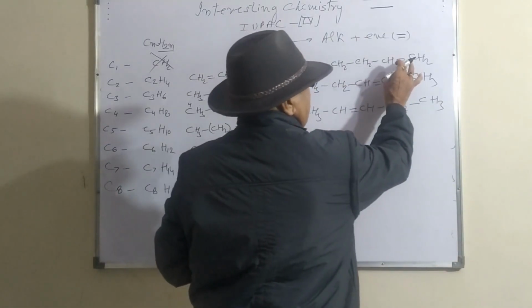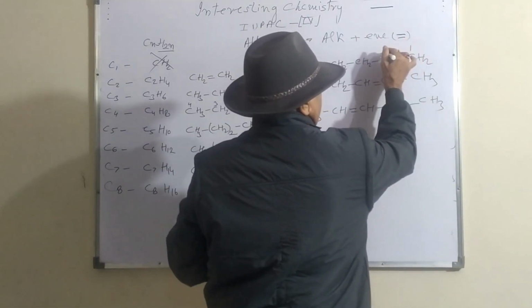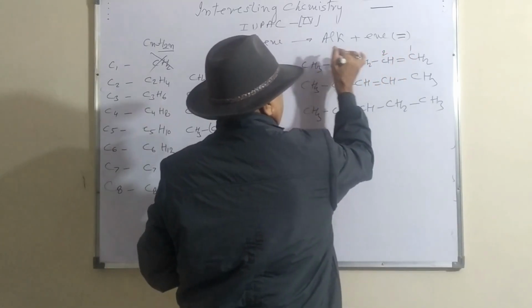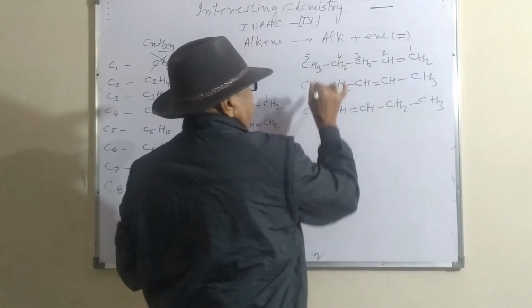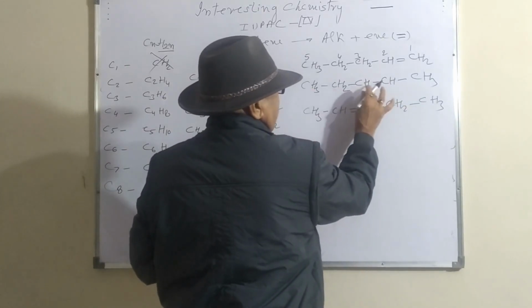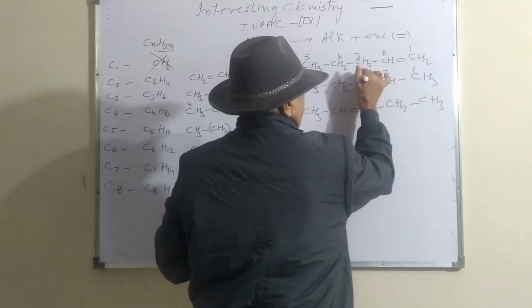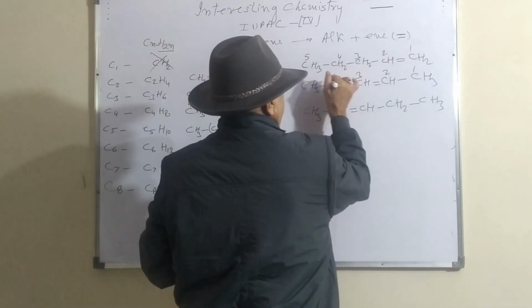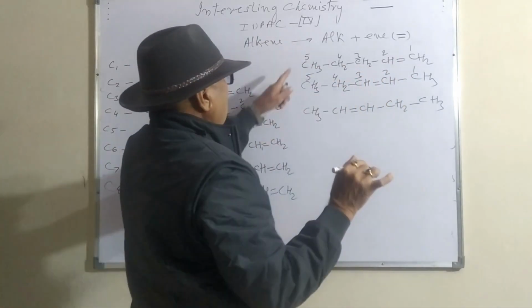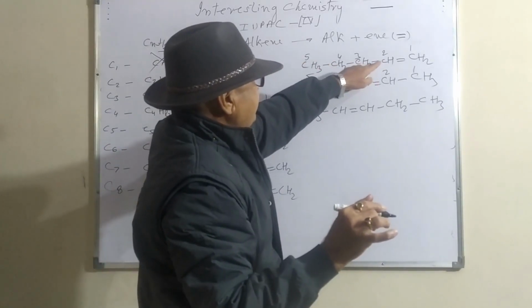So you start numbering from here: 1, 2, 3, 4 and 5. Then from here 1, 2, 3, 4 and 5. So this is 1-pentene.